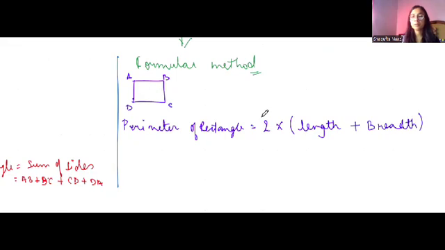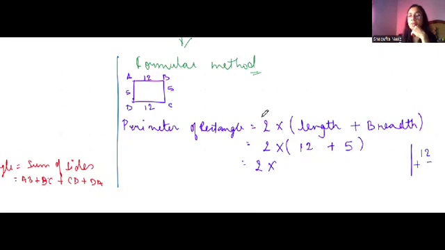Suppose we have 12 centimeter on one side and 5 centimeter on the other, 5 centimeter and 12 centimeter. So we write the length 12 centimeter plus 5. It will be 2 multiplied by 12 plus 5, which is 17.